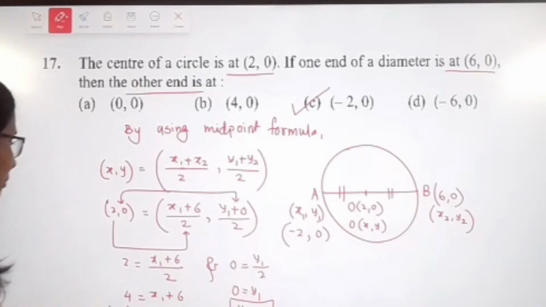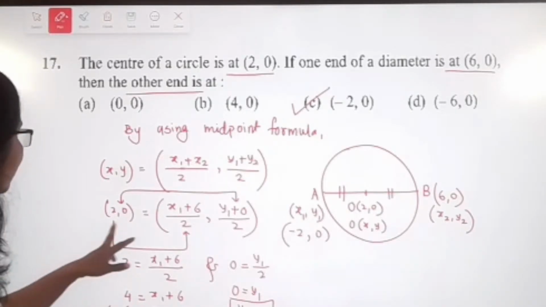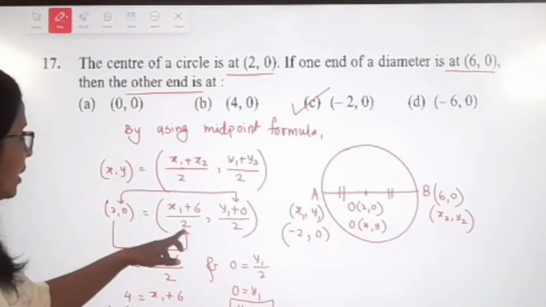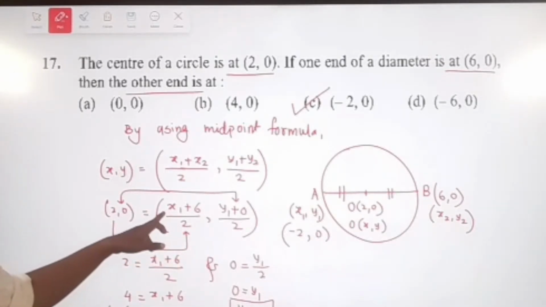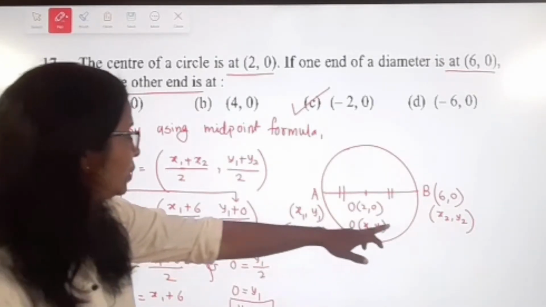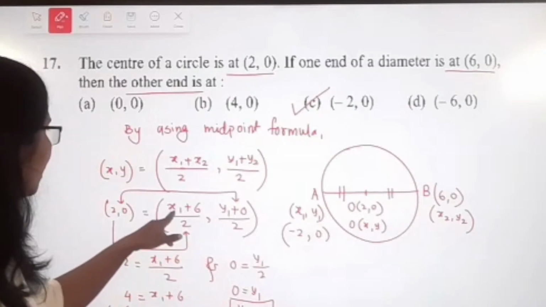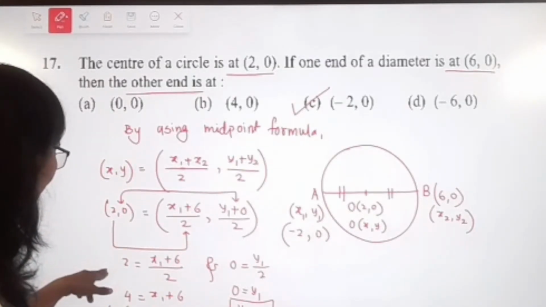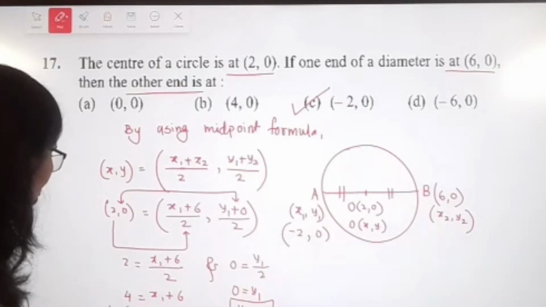Okay, students? x1 plus 6. I think some mistake has arisen. (x1 + x2)/2, x1 plus x2, that means the 6. Okay, and here 2 twos are 4. 4 minus 6, that is minus 2.